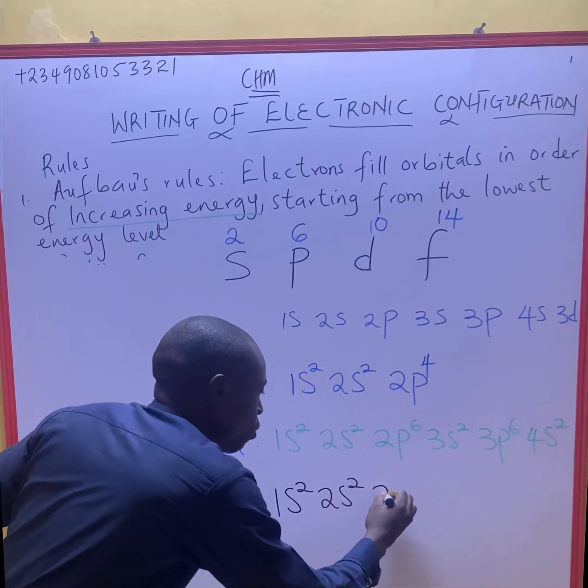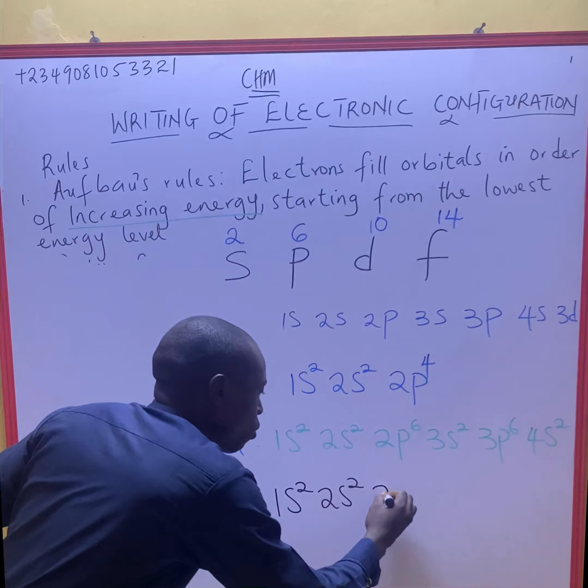Just know this template. Just follow this template. 2p6, 3s2, 3p6, 4s2 is now left with 3, right? So it will now go 3d3, which is now 23.